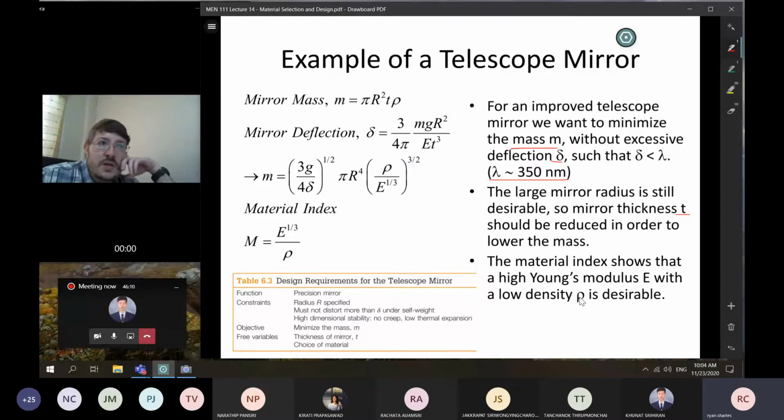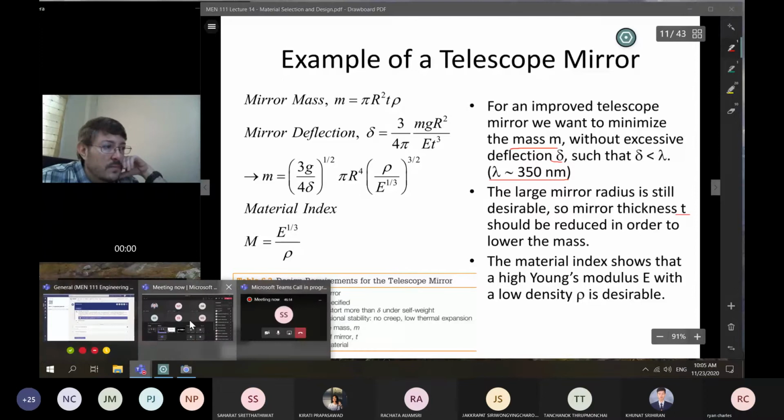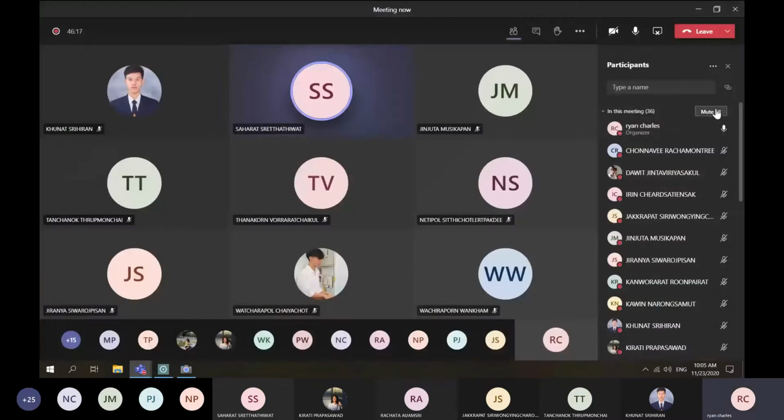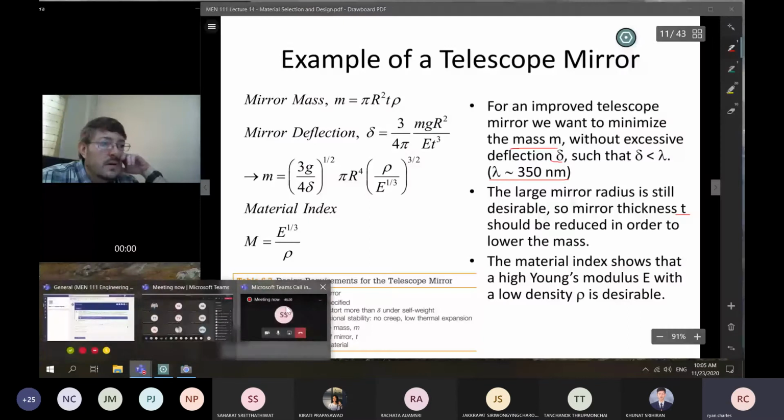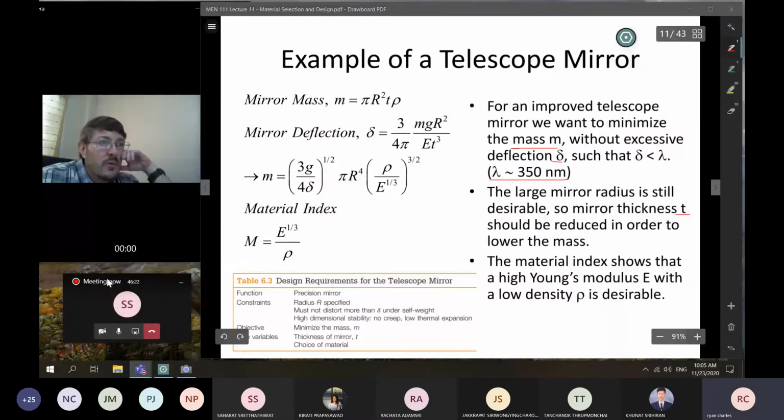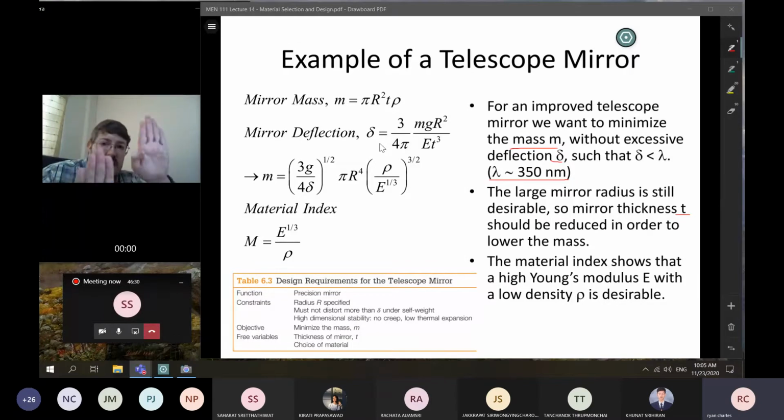We could also play with thickness, but that's going to impact the deflection as well. It's going to lower the mass, but it's going to impact the deflection. So we'd have to figure out: does the thickness decrease the mass more or increase the deflection more? We'd have to think about that.